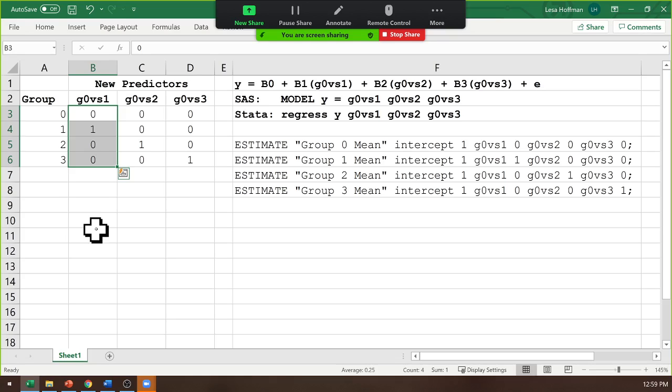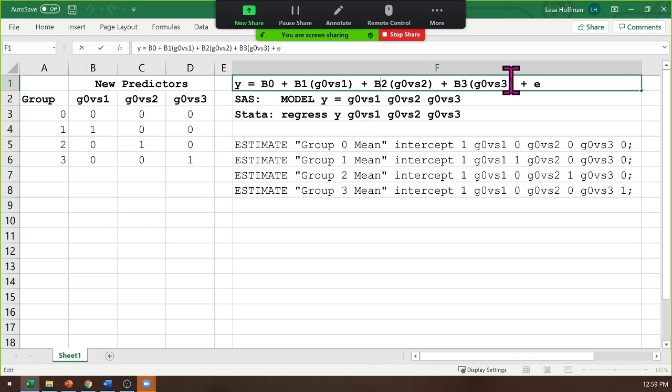So if the slope is positive, that means the group coded 1 is higher than the 0 group. If the slope coefficient is negative, the group coded 1 is lower than the 0 group. Likewise, the other 2 predictors that I made directly give me 0 versus 2 and 0 versus 3.